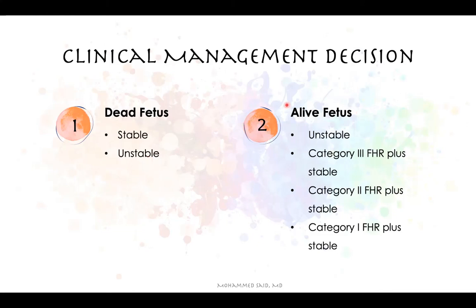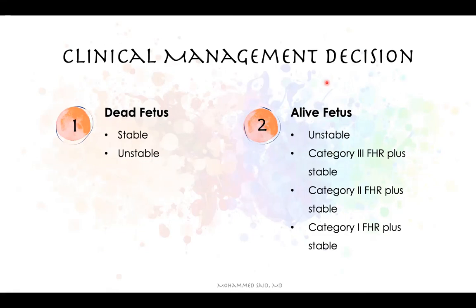The second thing, if the baby is alive. If the baby is alive, the next thing you do is check if the mom is stable or not. If the patient is unstable, now you have to do the triaging part. You have a baby and you have an unstable mom. You don't have to assess the fetal status right now, because when you have an unstable mom, you have to expedite delivery.